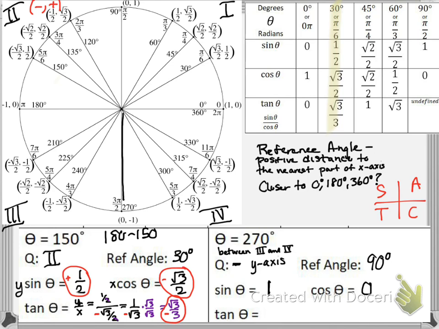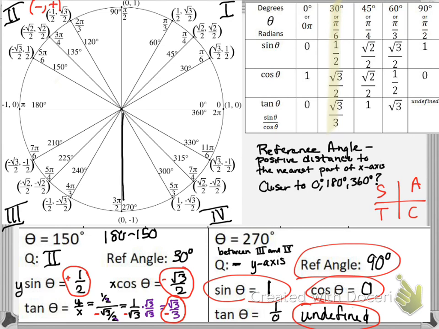When I do 1 over 0, I get undefined. So this is my answer for the tangent, cosine, sine. Of course, they also asked you for these. I guess I could circle those too.